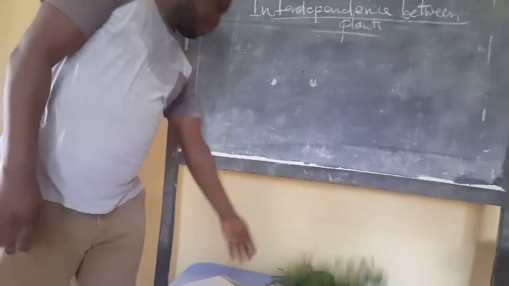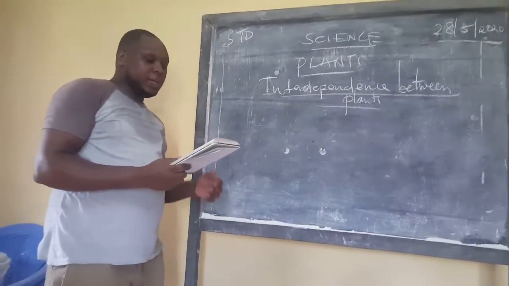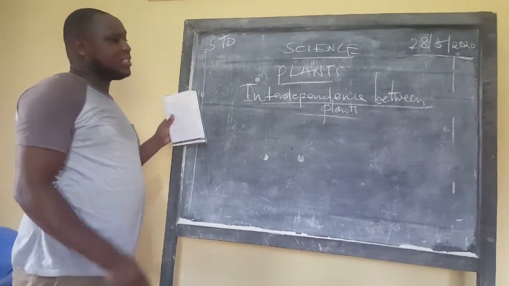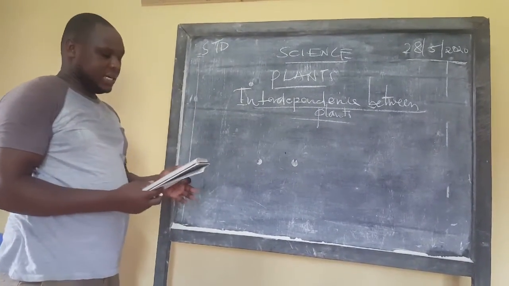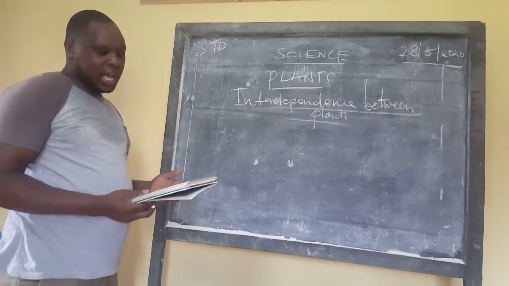So when it comes to interdependence, we want to see how plants depend on one another. We are going to see that interdependence is dependency of one plant, of one person to another, or one living thing upon another.